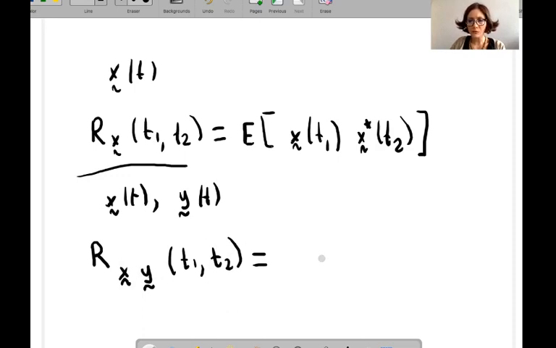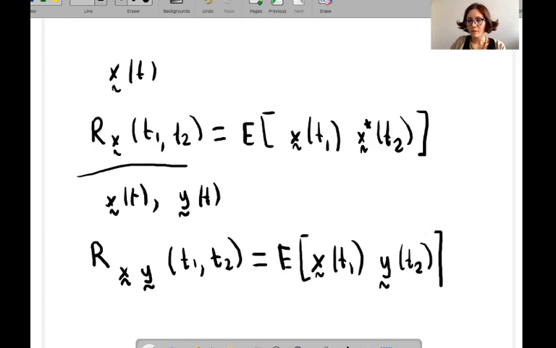So you have x evaluated at t1, which gives you your first random variable, and then y evaluated at t2. The cross-correlation function is about the product of these two random variables, so the expectation of the product. However, if you're in a complex setting where x and y could be complex, you put the complex conjugate sign.